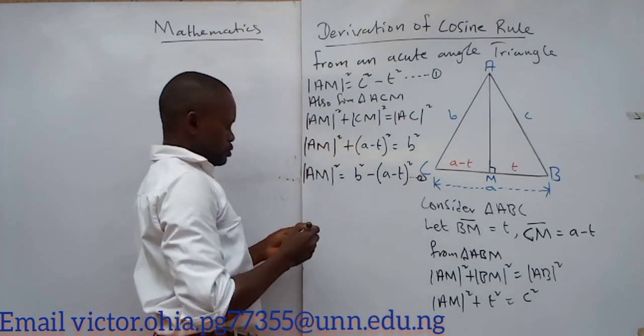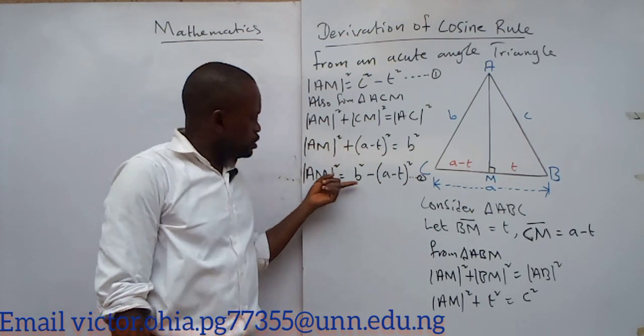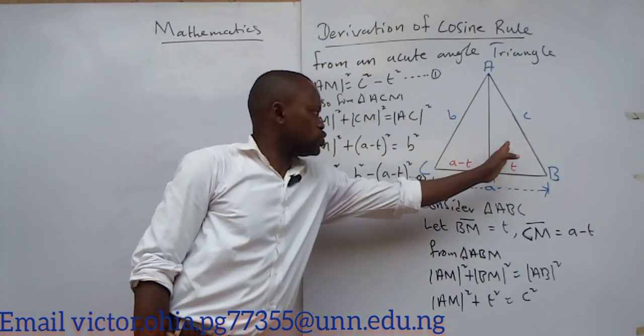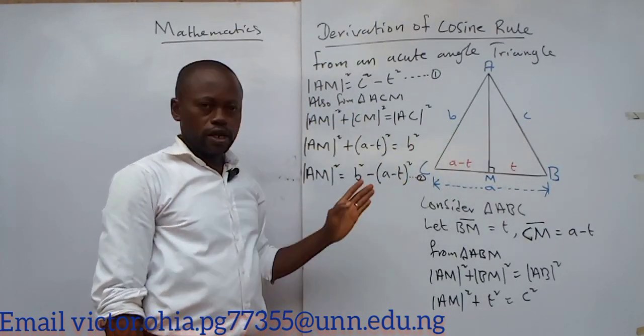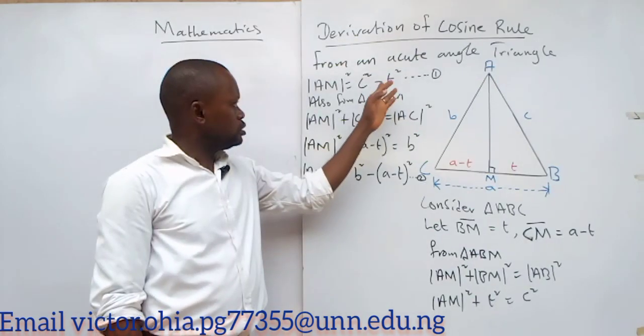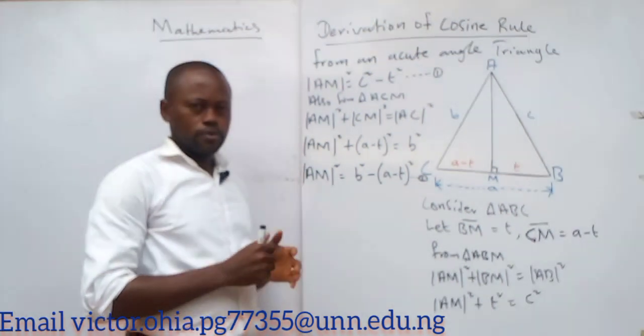I hope you are seeing what I am doing there. I have generated this equation from this side of the triangle and the second equation from this side of the triangle. So I have got equation 1 and equation 2. Follow me.